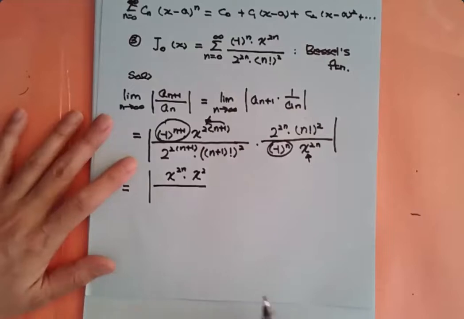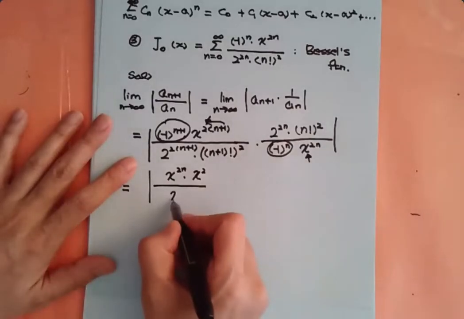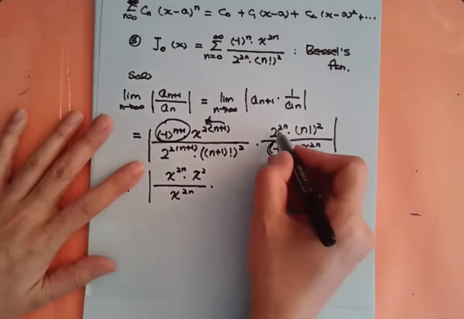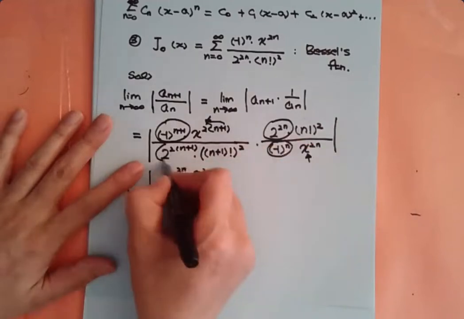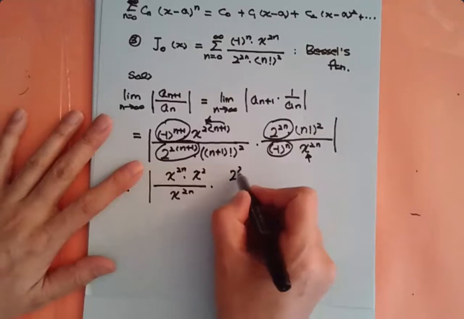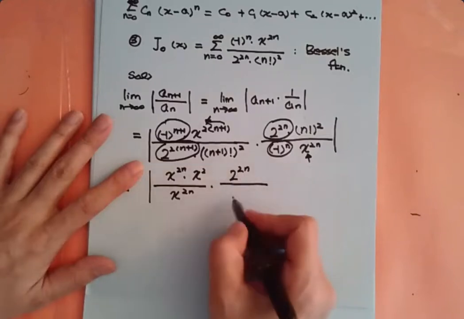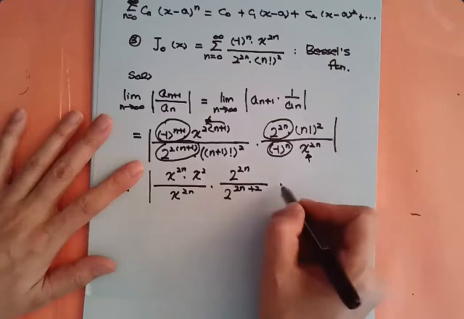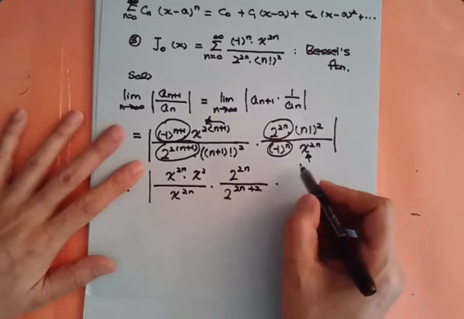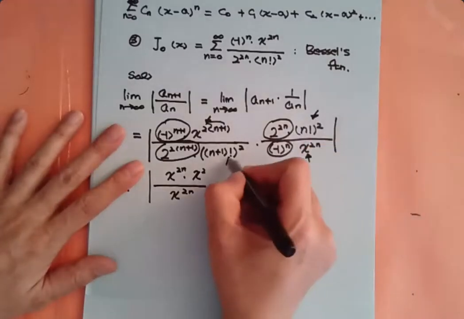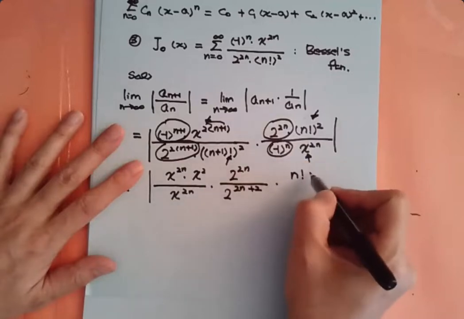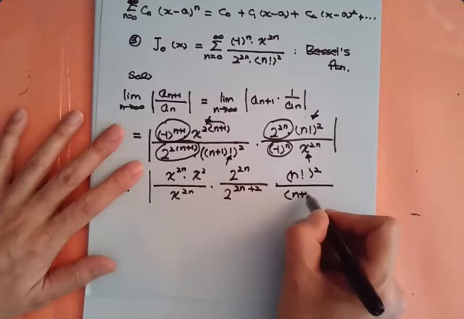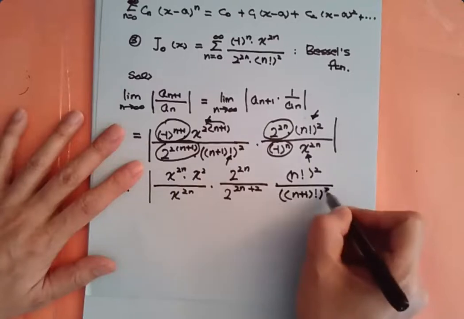Then we combine the powers of 2: 2 to the 2n on the numerator, and the denominator is 2 to the 2n plus 2. And we combine the factorials: n factorial squared over (n plus 1) factorial squared.